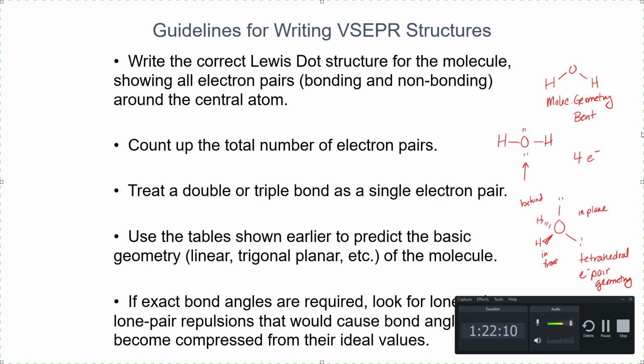I'm just going to use electron pair geometry because I want to see the electron pairs. So the bent, the pyramidal, T-shaped, seesaw, we're not really going to deal with. We're just going to deal with the 5 that were on the previous slide. Okay? So that's what we're going to look at. So water, oxygen is tetrahedral.